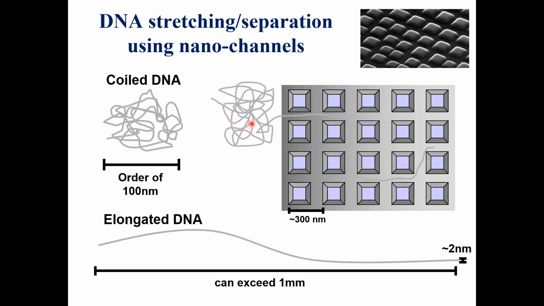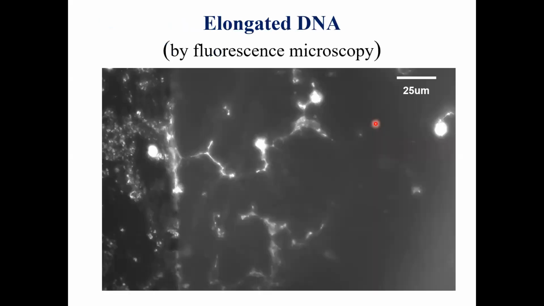So if you force DNA from one end to the other while moving through this nano channel, the DNA would have to be uncoiled. That's the whole idea. So did it work?